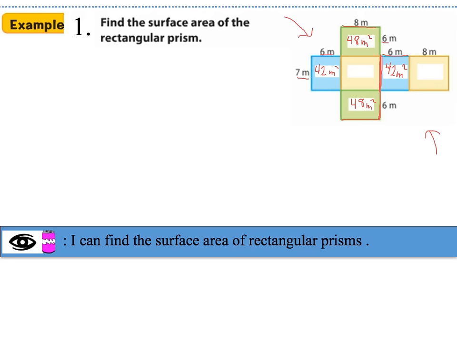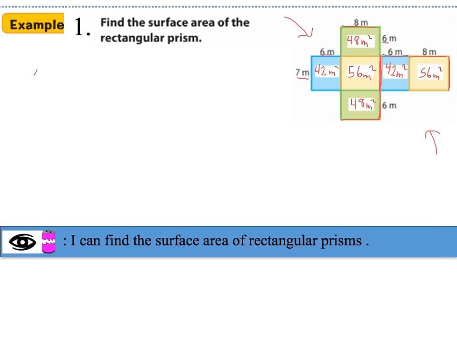Now let's find the area for the gold region. I know that the gold region has a length of 8, and the height will be 7 meters. So 8 times 7 would be 56 meters squared. So if that is 56 meters squared, then the other gold region would have to be 56 meters squared as well. So now that I've found the area of all these sides to my rectangular prism, what I can do is go ahead and add them all.